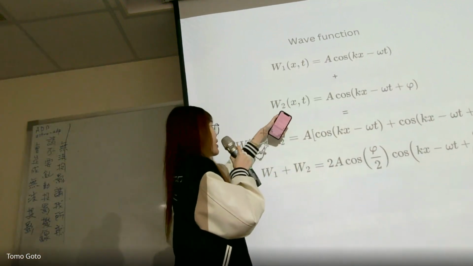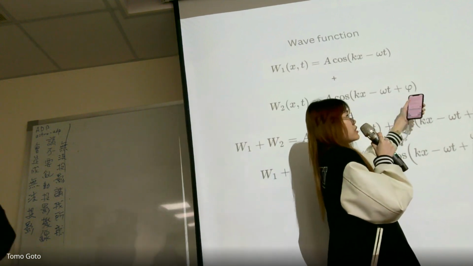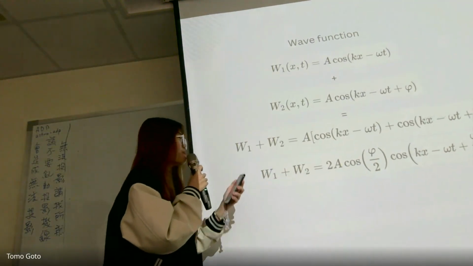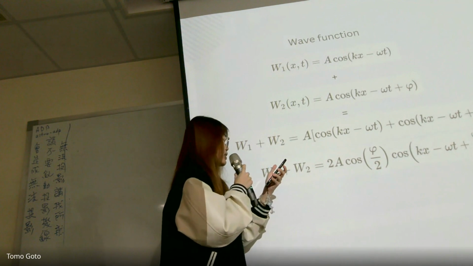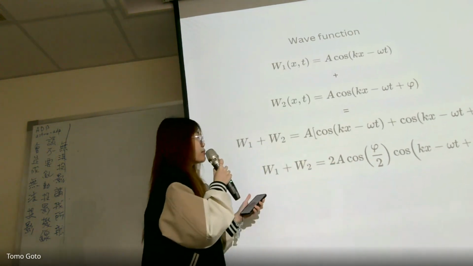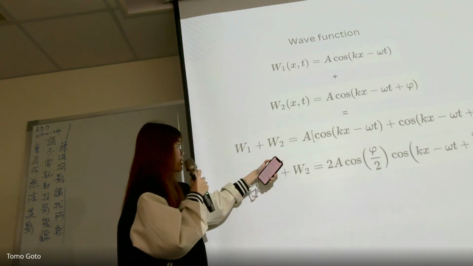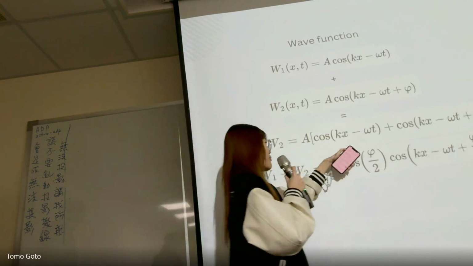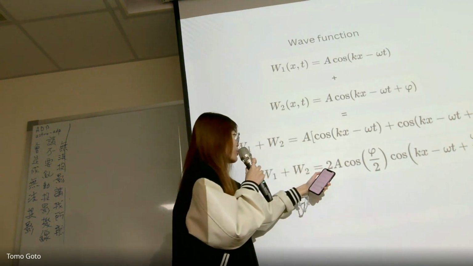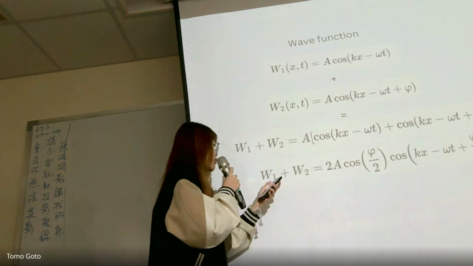Here we have another wave with another phase, called phi. And here is the phase difference between the waves in radians. When we add these two waves, we have the result here: cosine plus cosine is 2 cosine multiplied by cosine here.